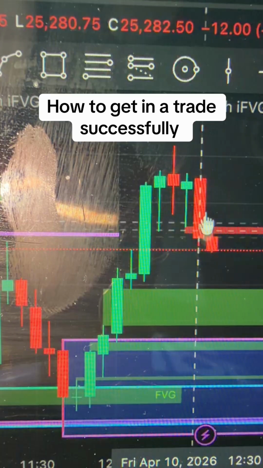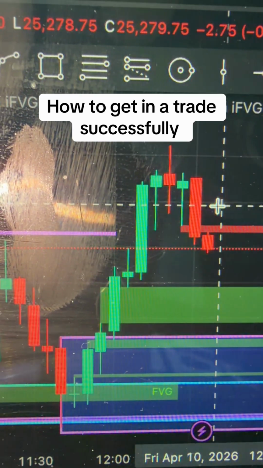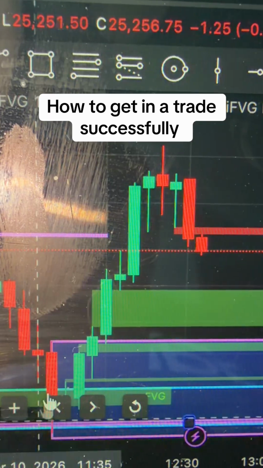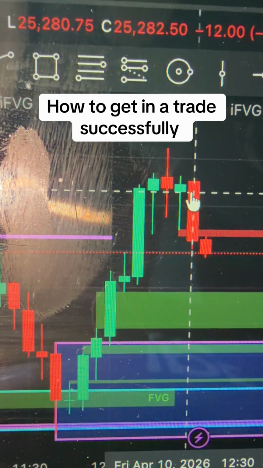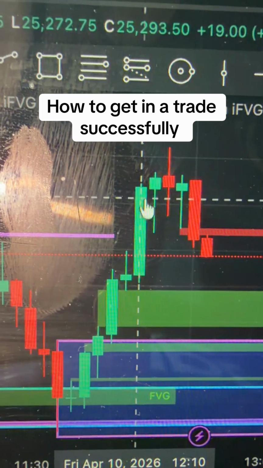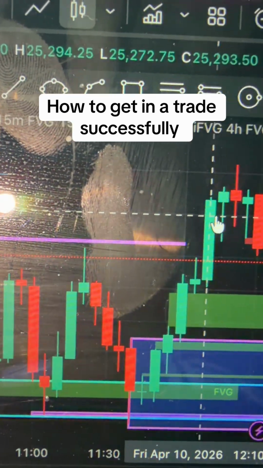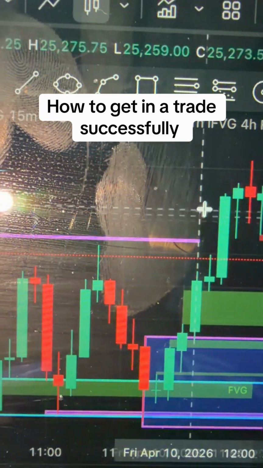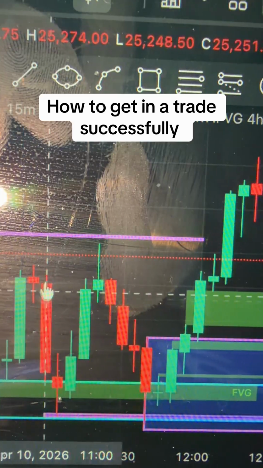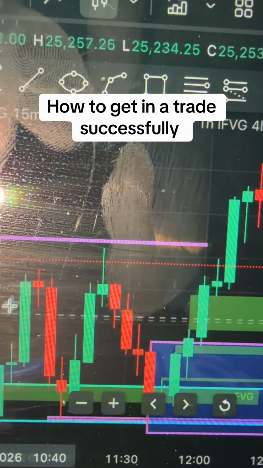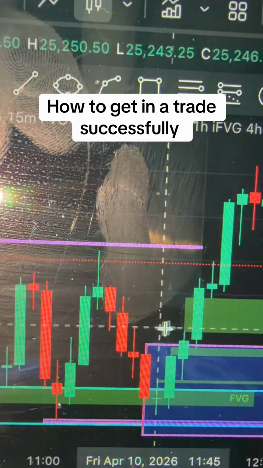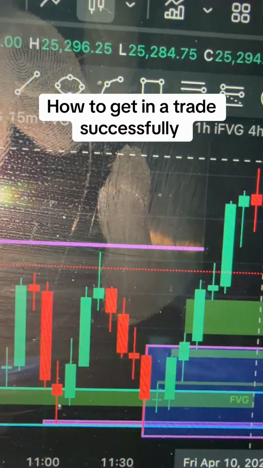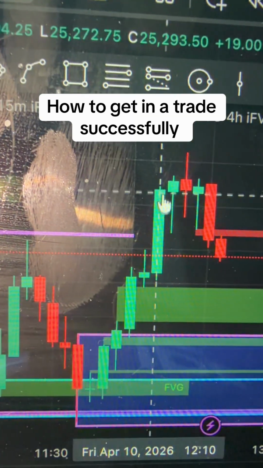I want to show you guys how I take trades. It's really, really simple. First of all, you have to figure out the direction, the trend, which is a direction. So you see that it is trending bullish.